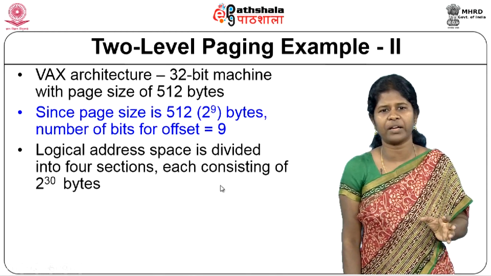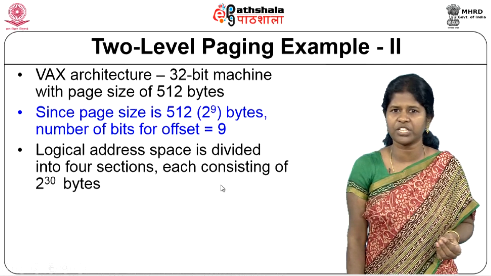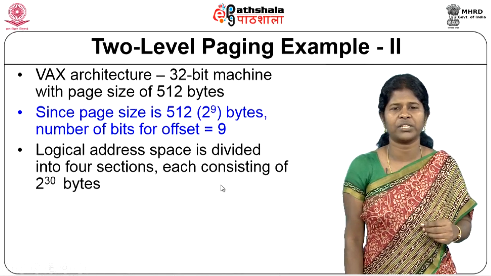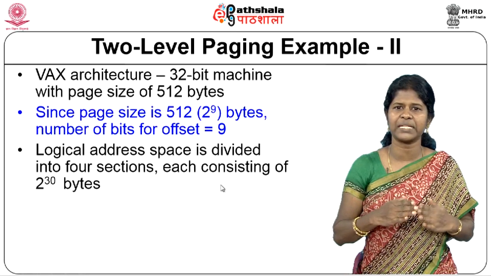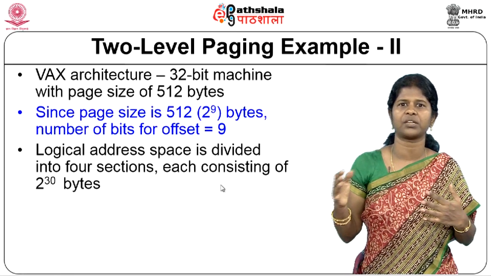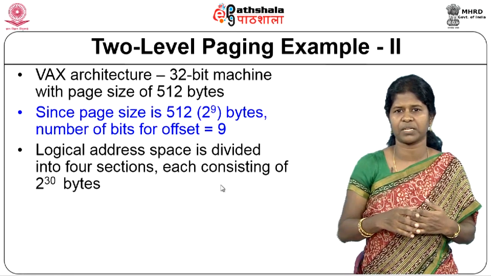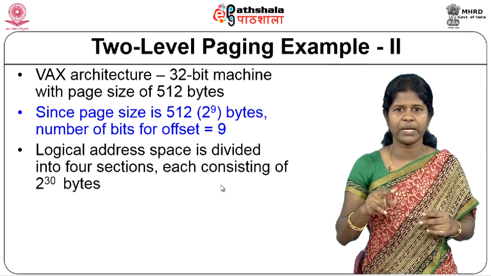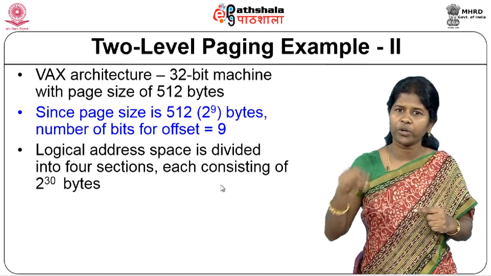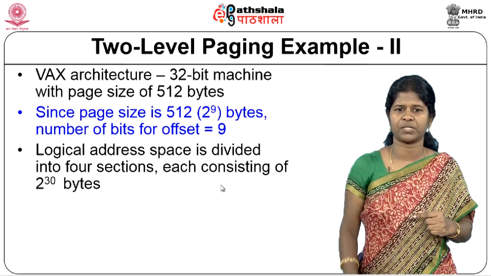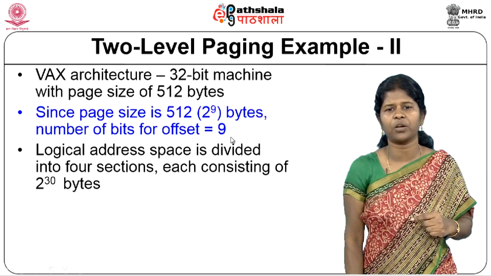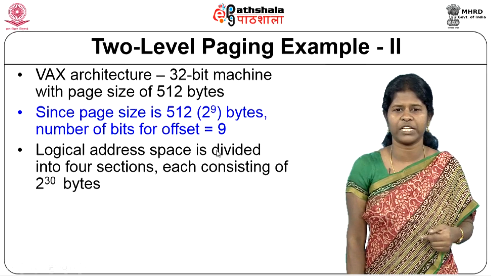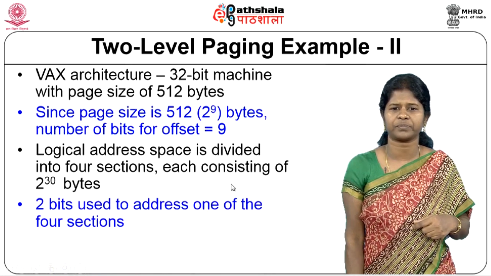But in the case of this architecture, they have done a slight variation, in which they have divided the logical address space itself into 4 different sections, and they use 2 bits to identify one of these 4 sections. So, 2 bits will go to address one of these 4 sections.